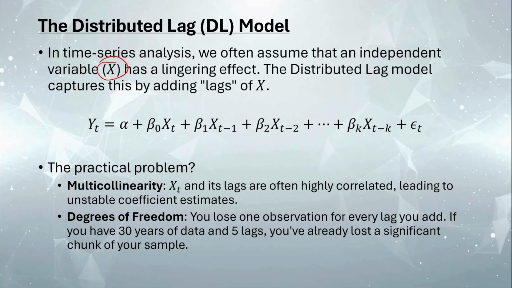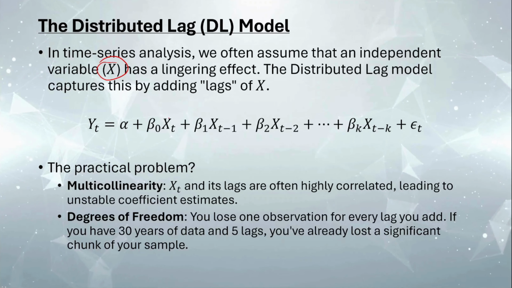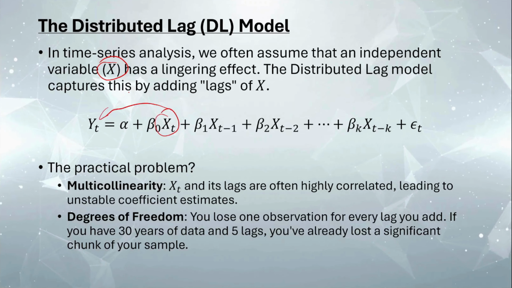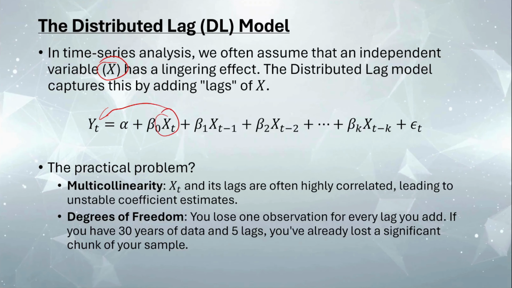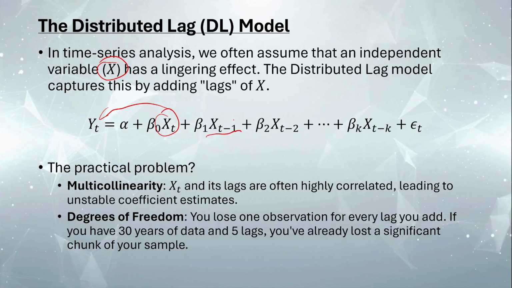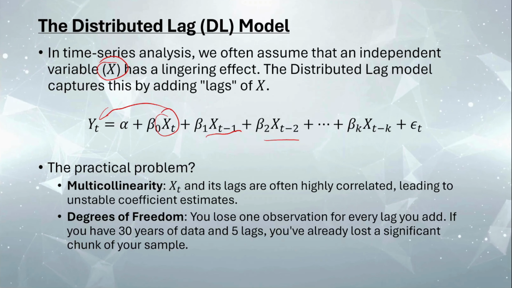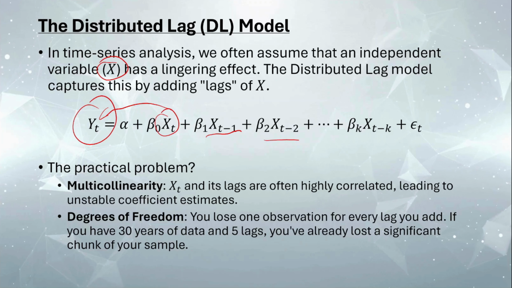What this really means is that x affects yt during the same period, but the previous x from one period before, two periods before, and so forth, still have some effect on the current yt.